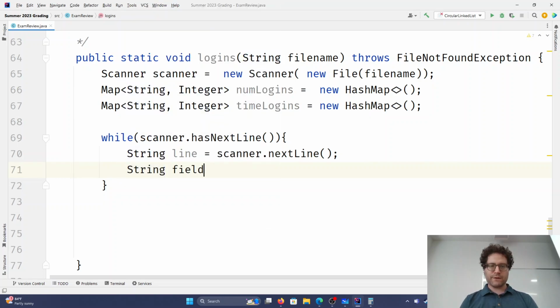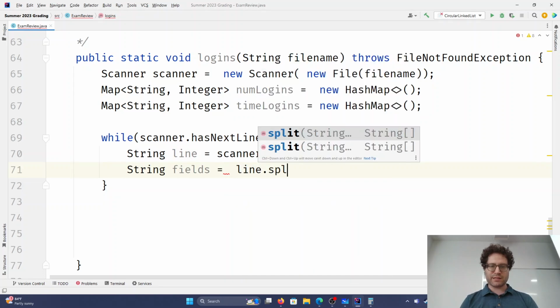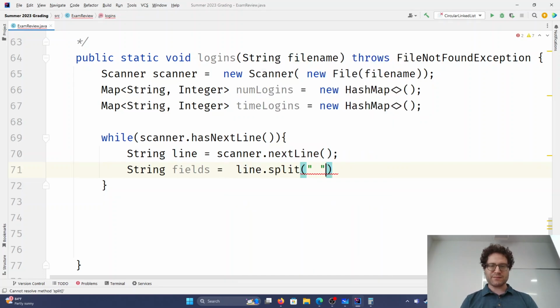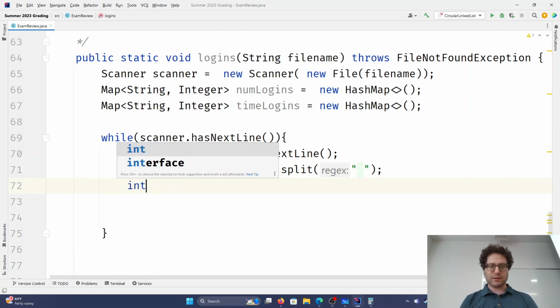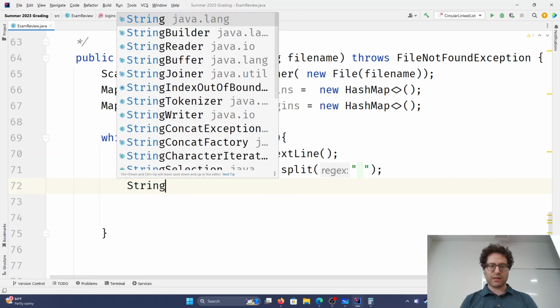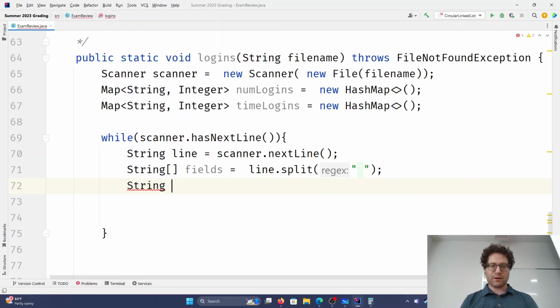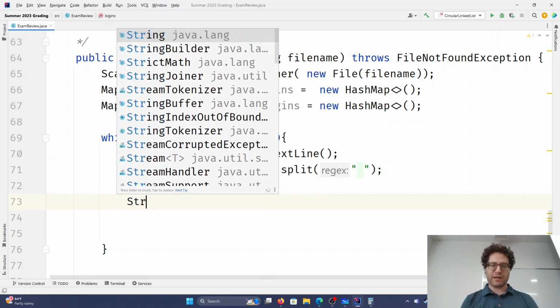String[] fields is equal to line.split on space, because we know it's going to be a space. It's a string array. Okay. So we know that String user is going to be equal to fields[0]. I'm using more variables than I need to, but readability is king.